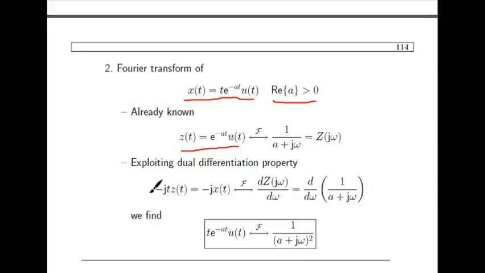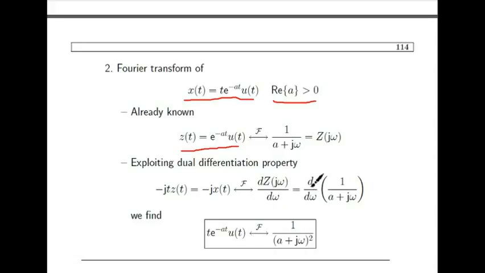We are now using the dual differentiation property, which states that −jt z(t) will have Fourier transform dZ(jω)/dω. If I multiply z(t) with t, then I get x(t). So −j x(t) will have Fourier transform dZ(jω)/dω.